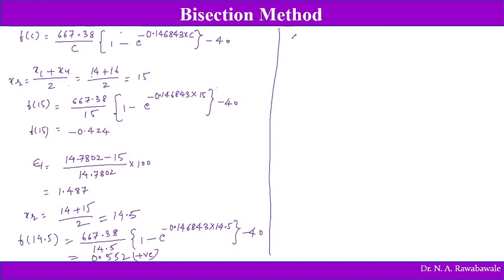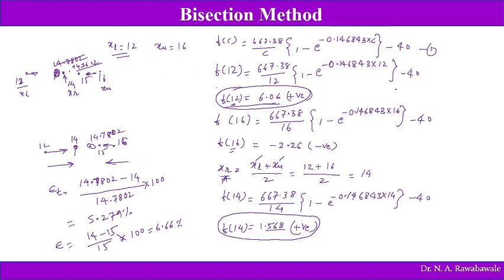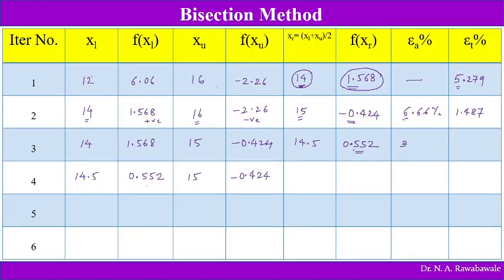Approximate error is (15 minus 14.5) divided by 15 into 100, which is equal to 3.44%. So here we can write the approximate error as 3.44%.